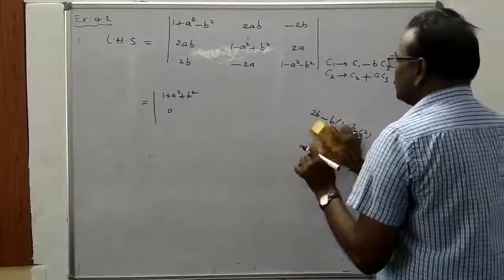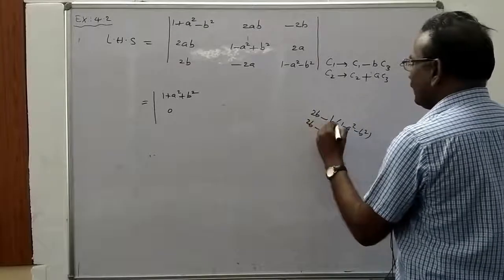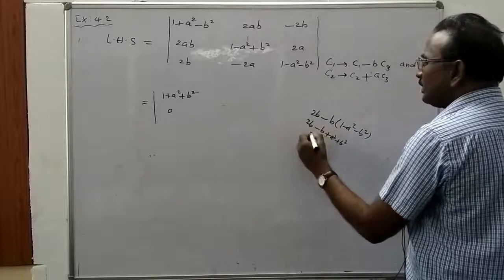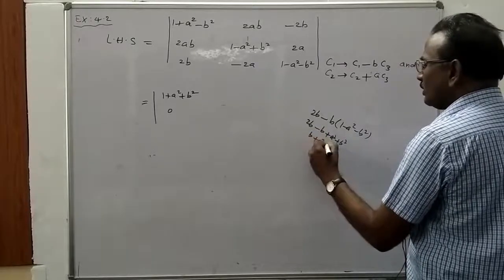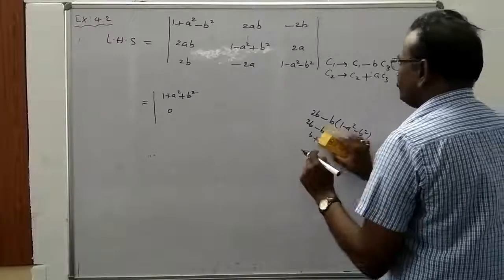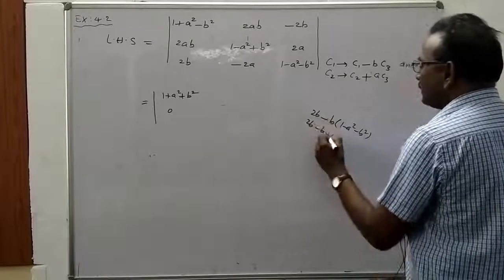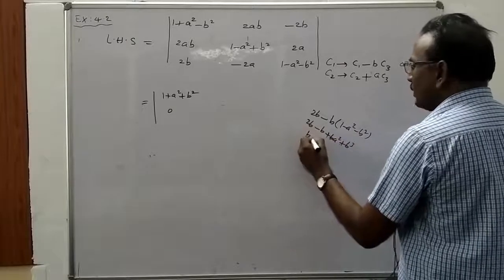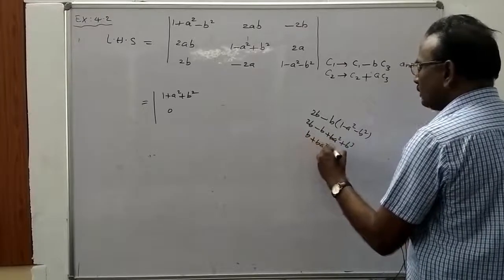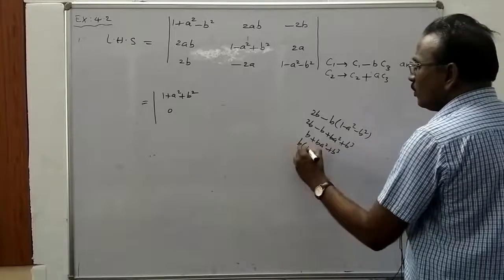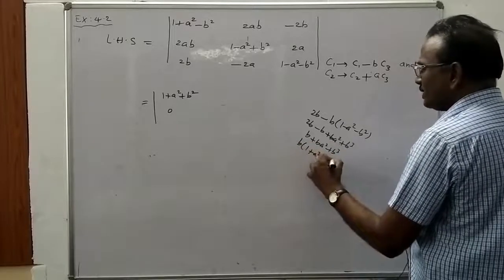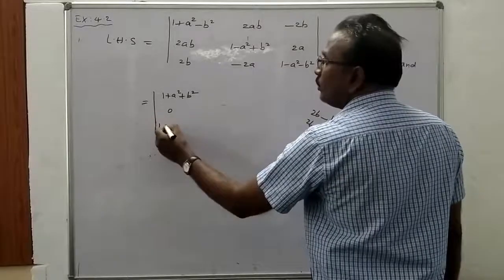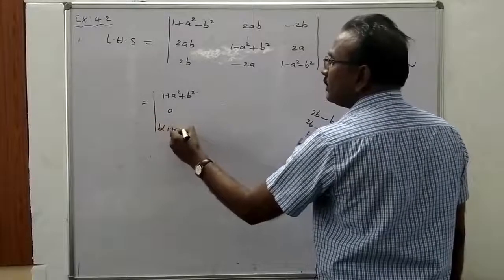So the value is 2b minus b, minus into minus plus a square plus b square. So 2b minus b is plus b plus b a square plus b cube. If we take b common, 1 plus a square plus b square. So therefore this element is b into 1 plus a square plus b square.